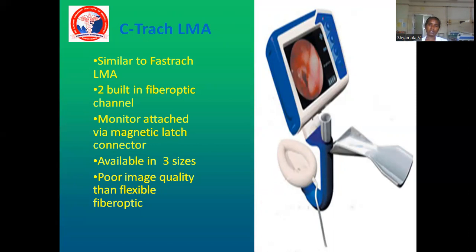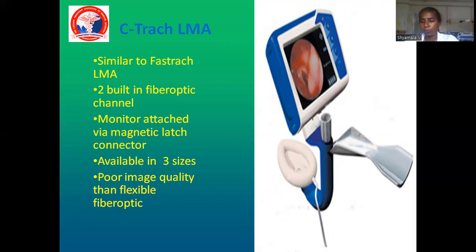These you see in ProSeal LMA, whereas the classical LMA does not have that. The main advantage over the other devices is that here we are just placing the LMA above the supraglottic space. We are not handling the trachea. We are just placing it above the trachea. Okay. So we can use this LMA for singers.